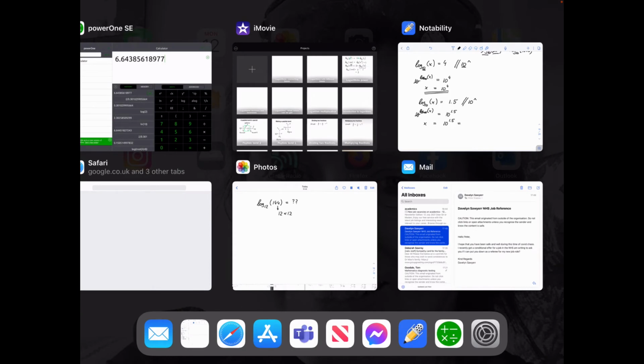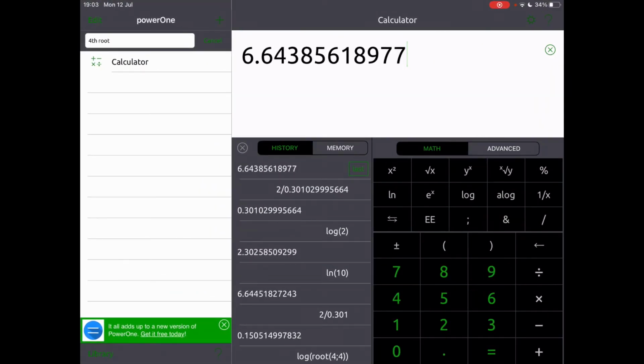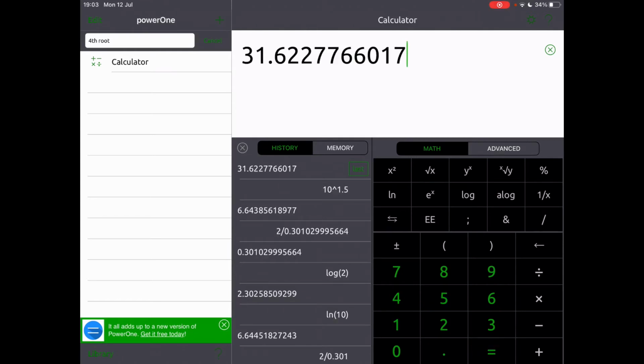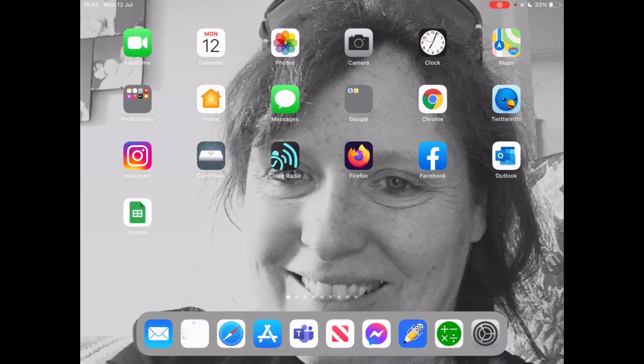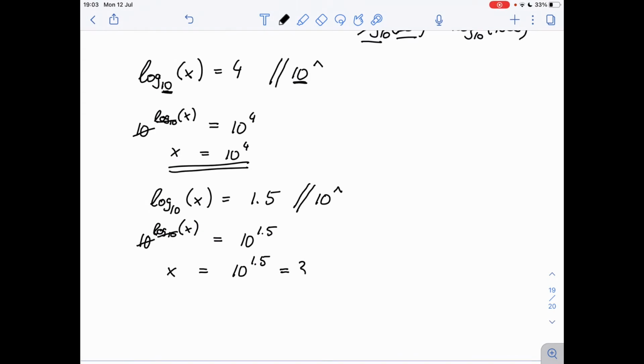So let's head over to our calculator. Here we have 10, and we've got this symbol here, y to the power of x, and you see that is what I just wrote, 10 to the power of 1.5, and that gives us 31.622, so 31.62 roughly.